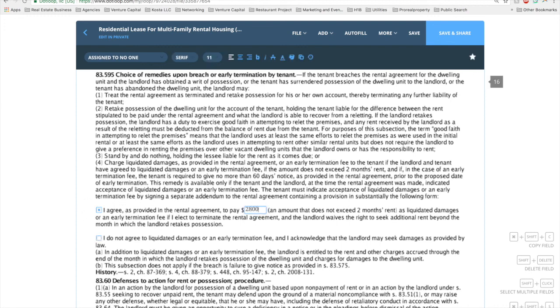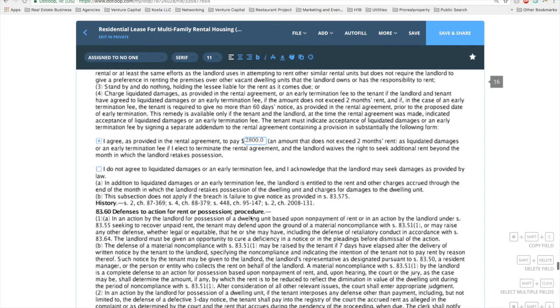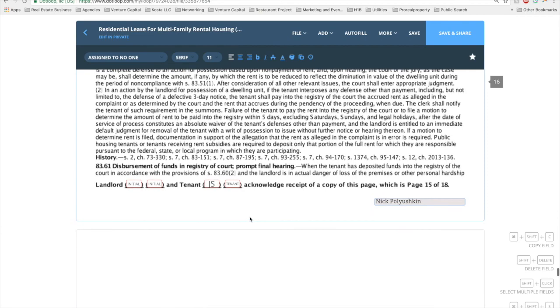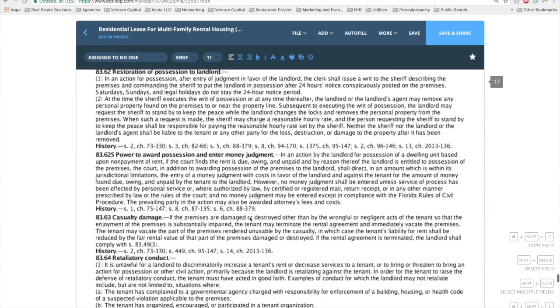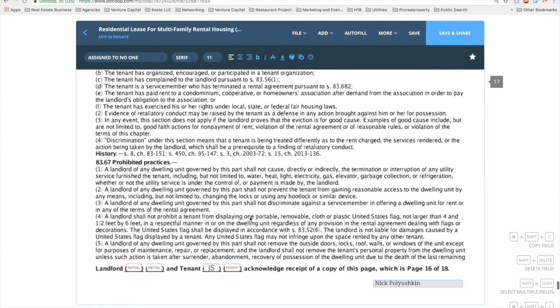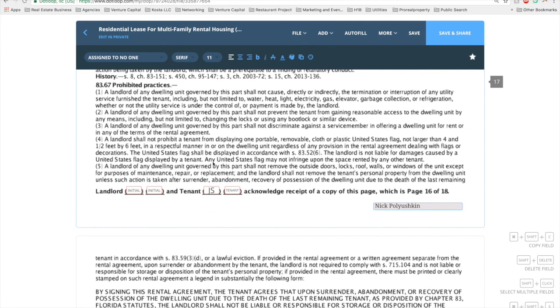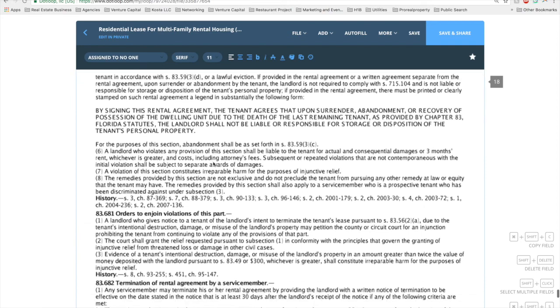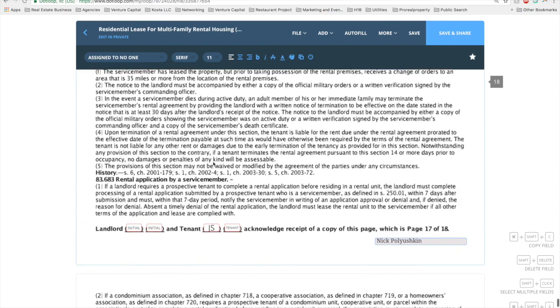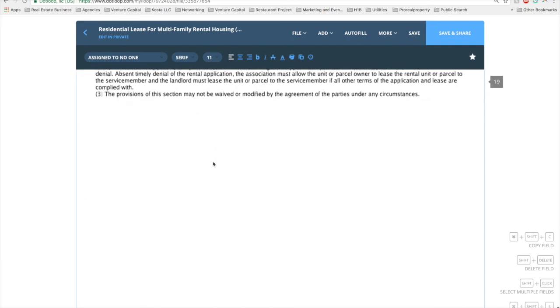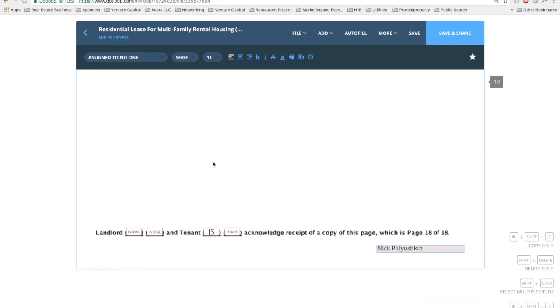Again, here it's also 2 months, $2,800. Next page is all standard. Some items are taken from Florida statutes. Page 17. And finally page 18, which is the last page.